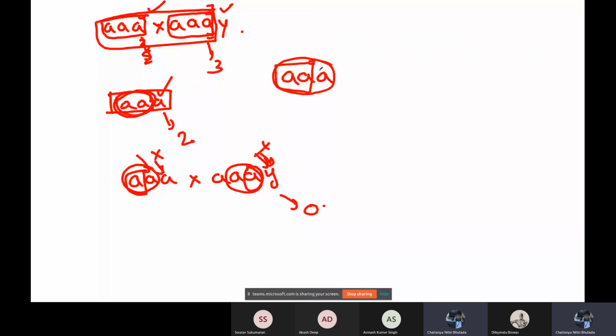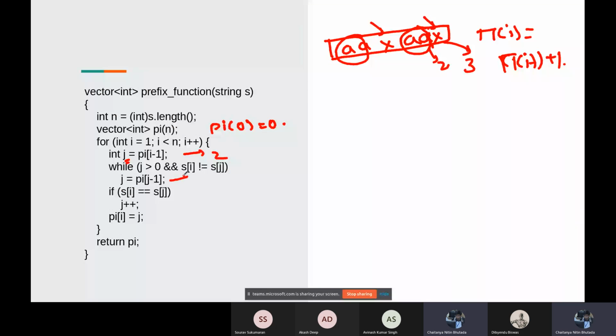So we now check this A with Y in this block. So we initialize, or we take j equal to pi I minus 1, pi j minus 1.